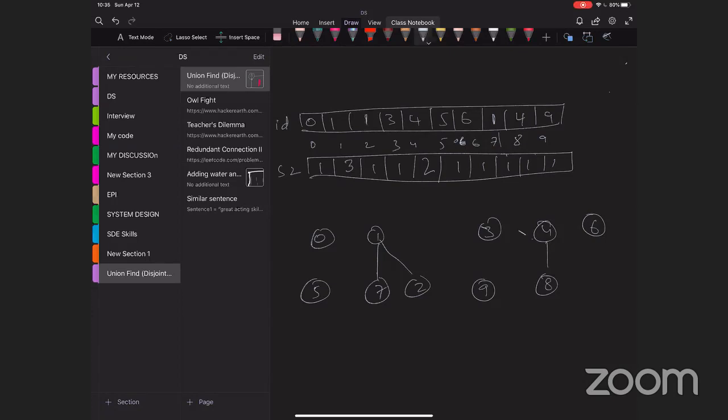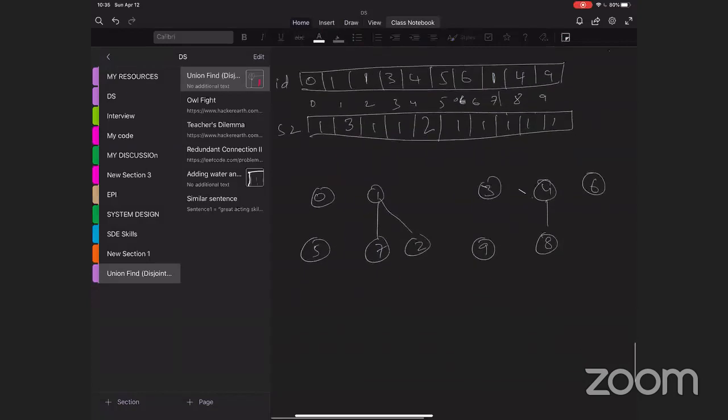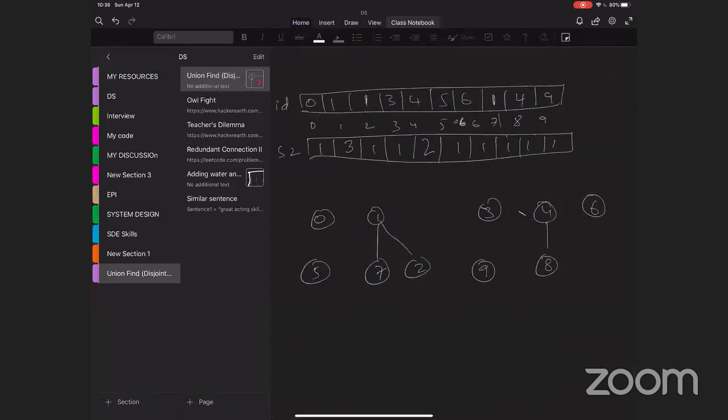Okay. And now next we can go for 9 and 1. 9 and 1, right? Okay. So in that case, 9's size is less than 1's size, right? So we are going into the first block. If we had a non-weighted algorithm, we could have made 1 a child of 9.